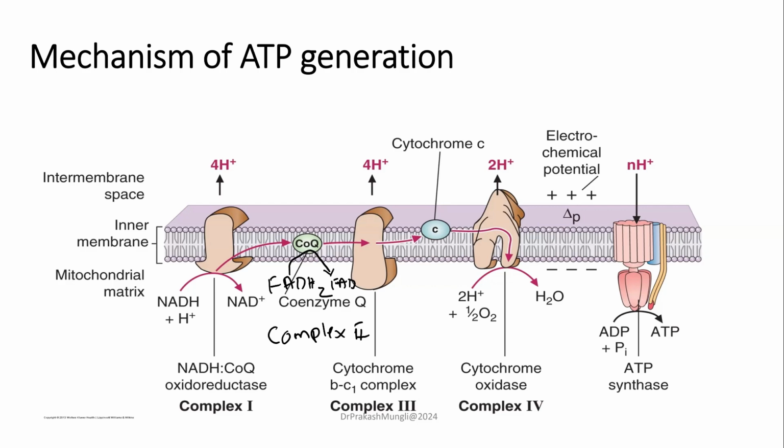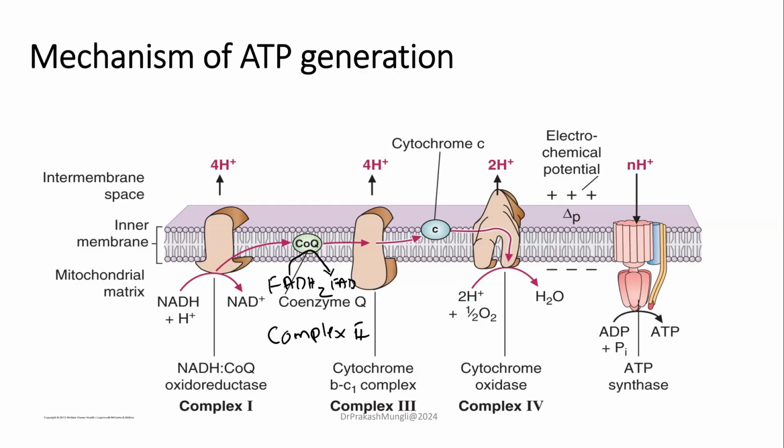So in complex 1, NADH is oxidized into NAD plus. As you see here, NADH plus H plus enters into complex 1 and it is oxidized to NAD plus. That means 2 protons, 2H, enter into complex 1.